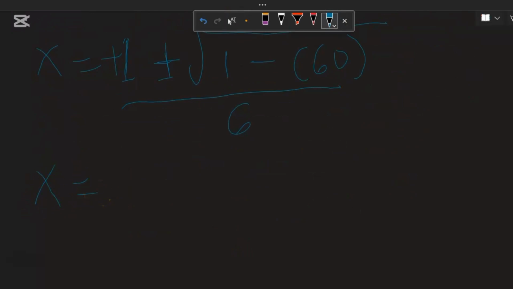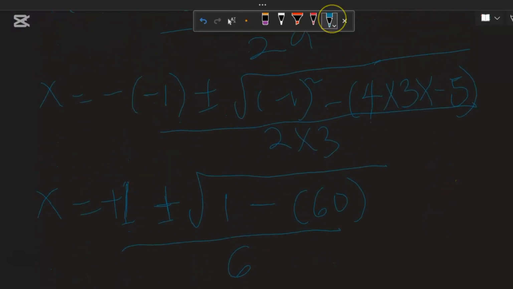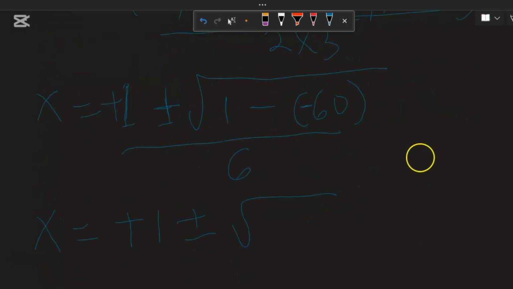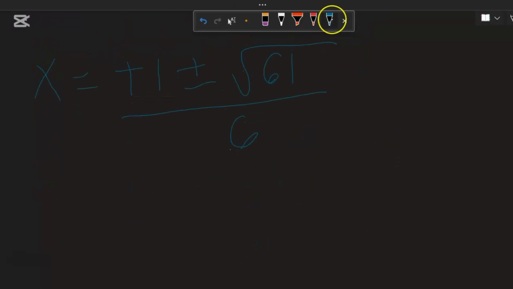So this will give me 1 plus or minus, sorry, do not forget, when we simplify this, it will be plus 60. So when we add, this will give me 61 over 6. This is not our final answer.